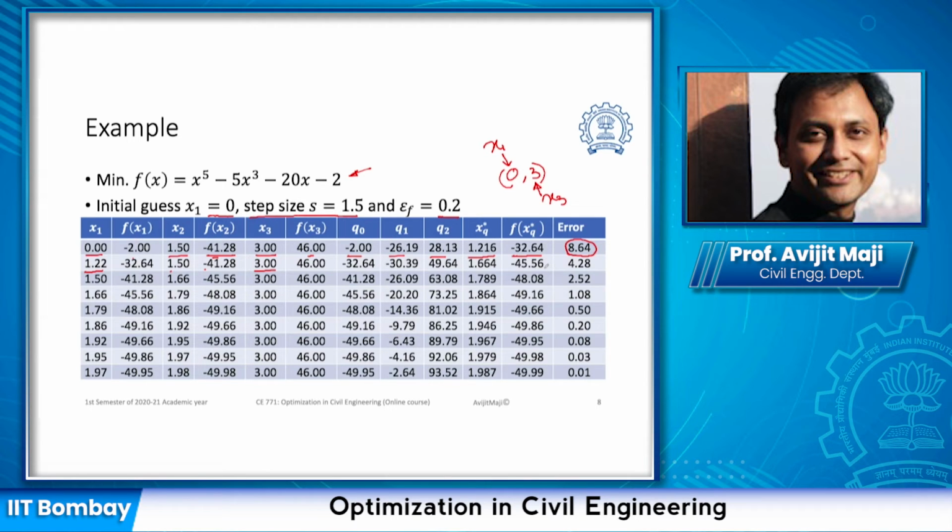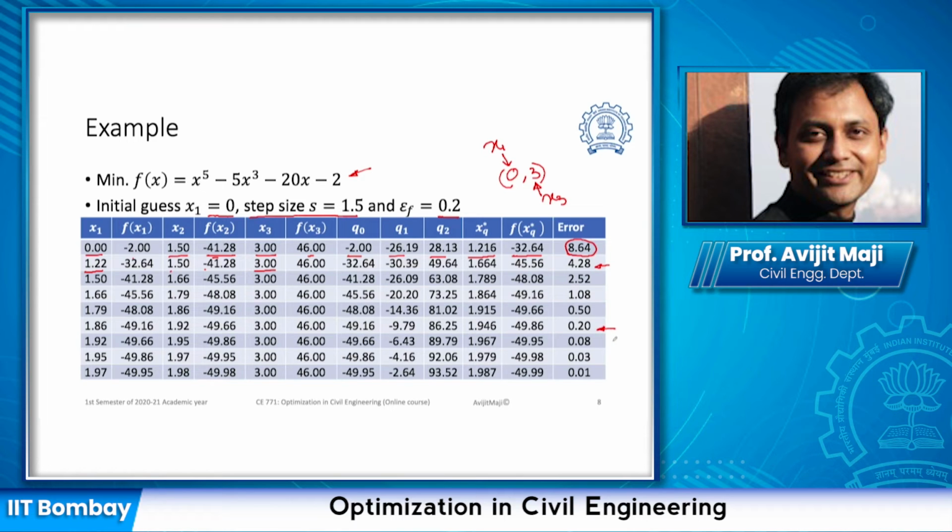So at this point now we'll see that the error has reduced to 4.28, and if we continue this process, we'll see that after a while our error can be reduced to 0.2 at this level.